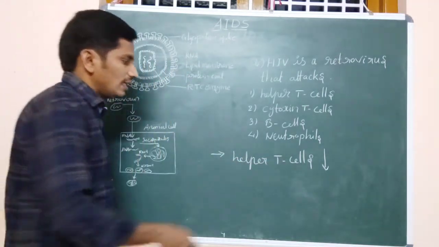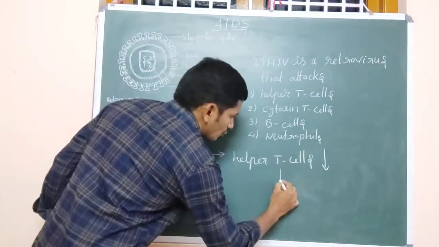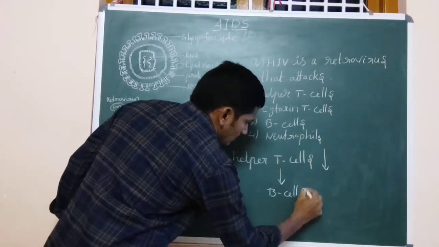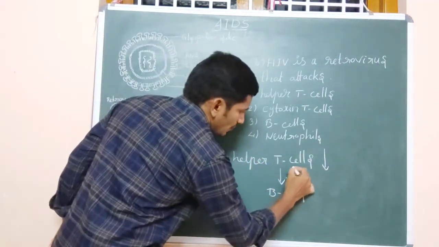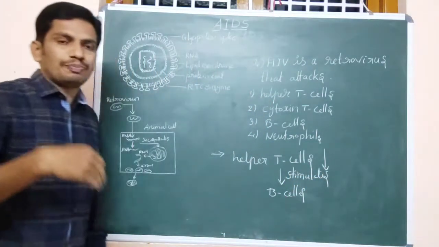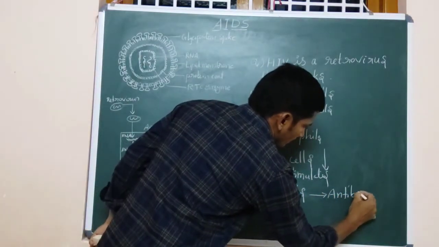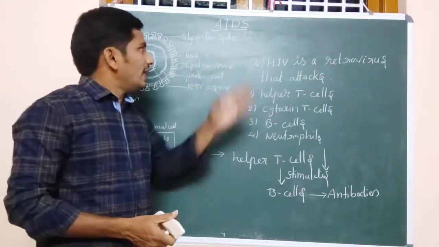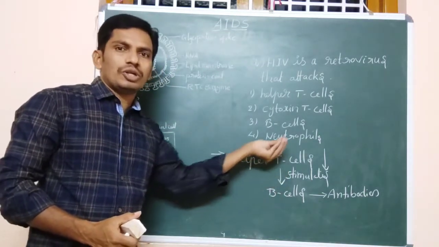You know that the helper T cells' main function is to stimulate the B cells to produce antibodies. In an AIDS patient, these T cells decrease.